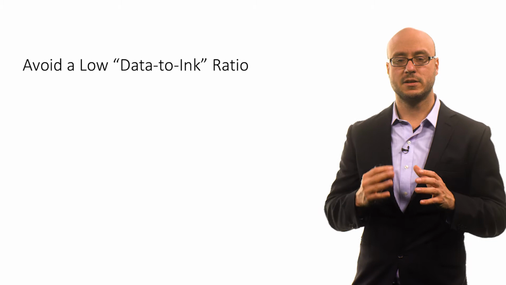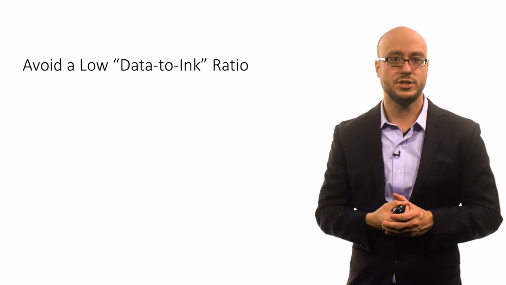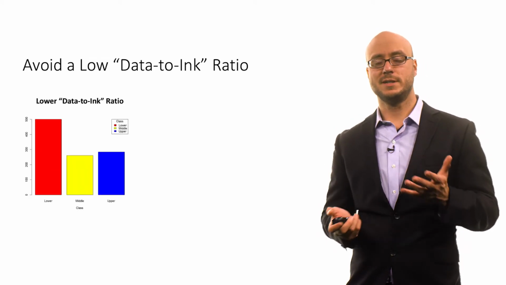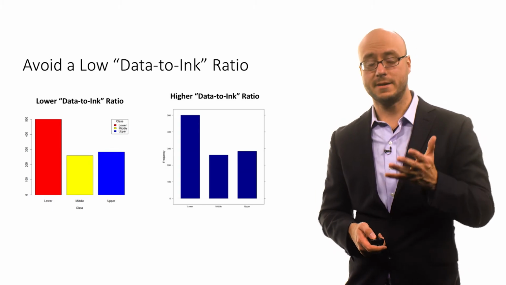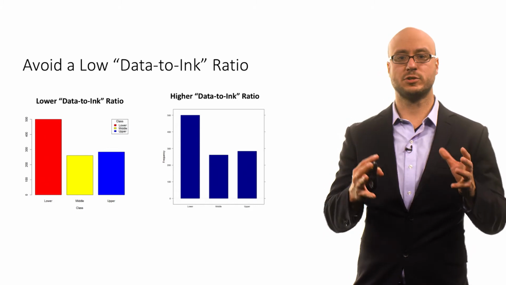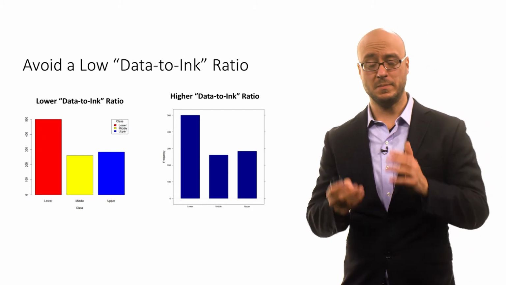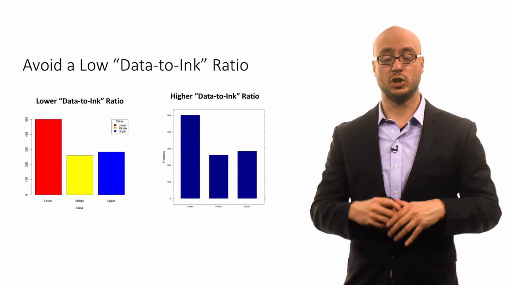This goes back to Edward Tufte, a statistician at Princeton, but the idea is you want to avoid a low data to ink ratio. Well, what does that mean? Here's a relatively lower data to ink ratio, here's a higher data to ink ratio. The same graph, but one has more visualization than the other. And these excessive visualizations might be misleading. People's eyes might go towards the red bar, which might look larger.